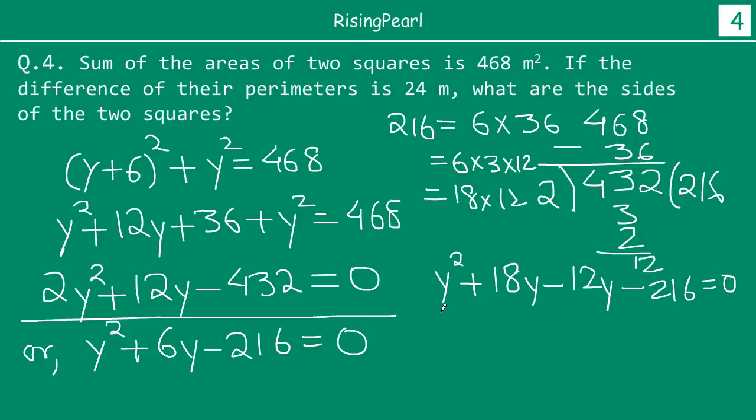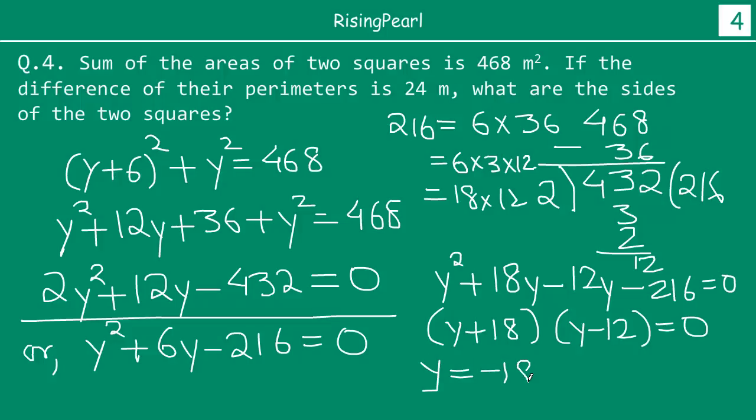So if you solve it, you will get basically (y plus 18) times (y minus 12) equal to 0. So the two roots are y equals minus 18 and y equals 12.